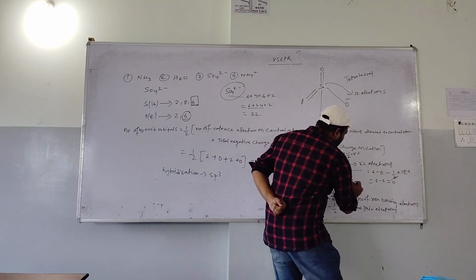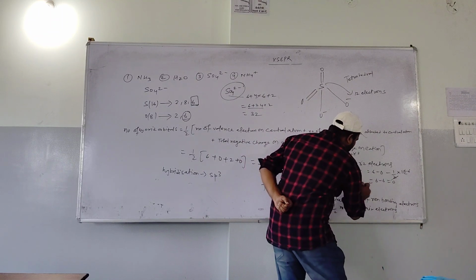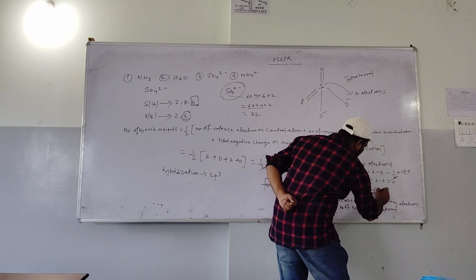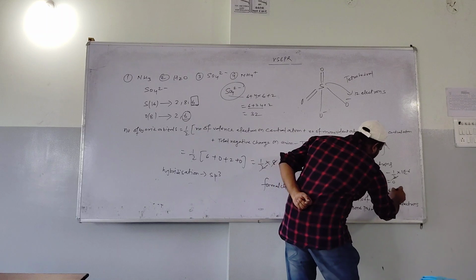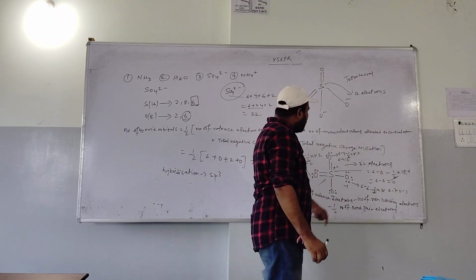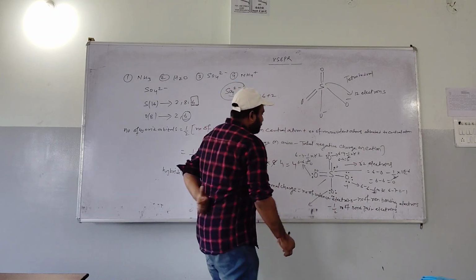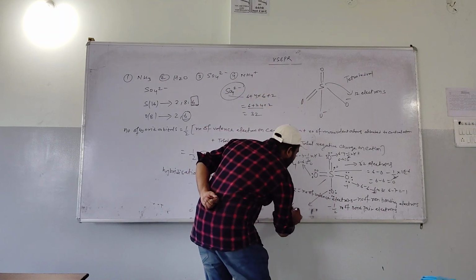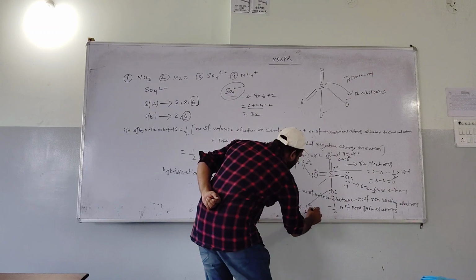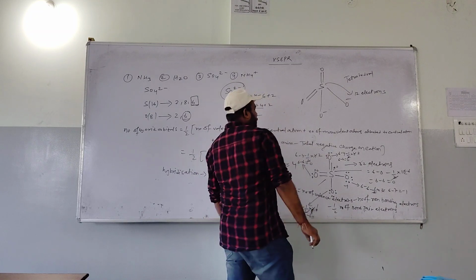Now talk about this oxygen formal charge. 6 valence electrons, non-bonding electrons 6, minus 1/2 multiplied by 2, 6 minus 7, minus 1. So an extra electron comes to that oxygen atom. For this oxygen atom also, 6 minus 7, so formal charge is minus 1.